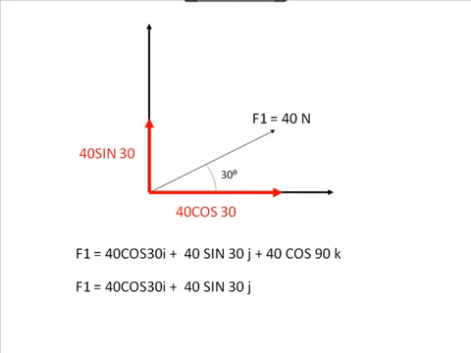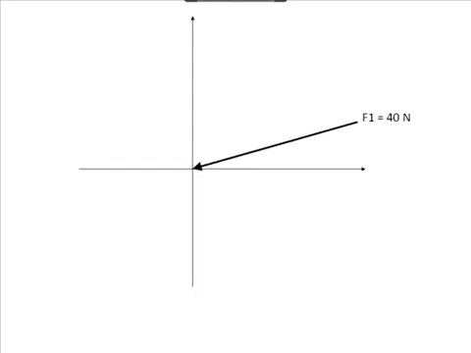Let's say I have a force in first quadrant, but now towards the origin, of magnitude 40 and inclined at 25 degree with x-axis. Now if I try to resolve this force, it will look like this: minus 40 cos 25 i minus 40 sin 25 j.